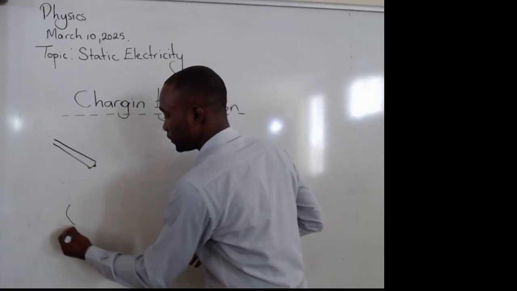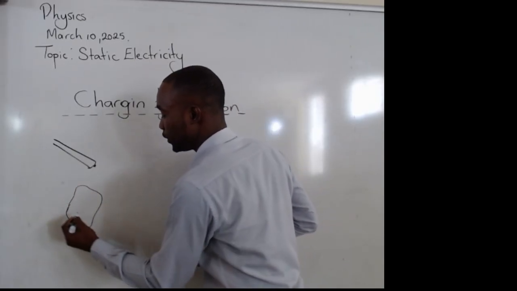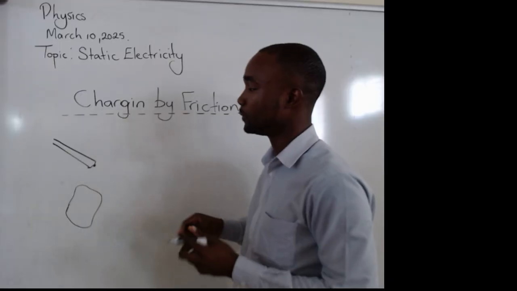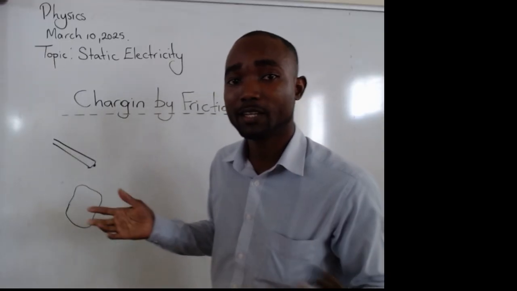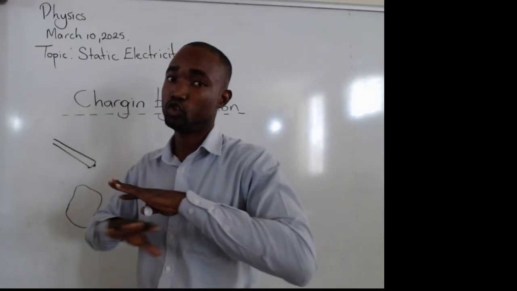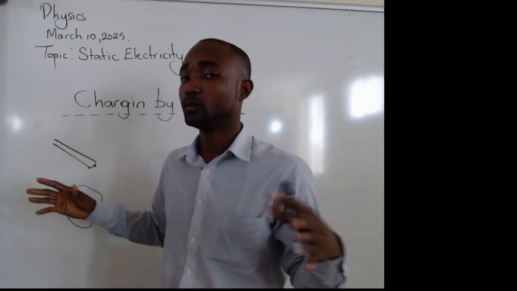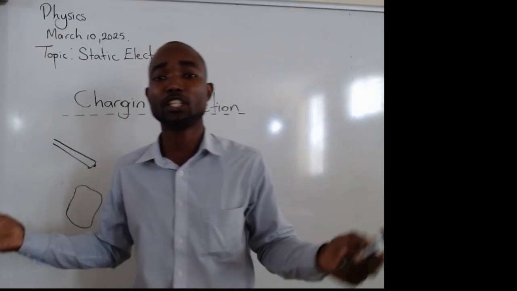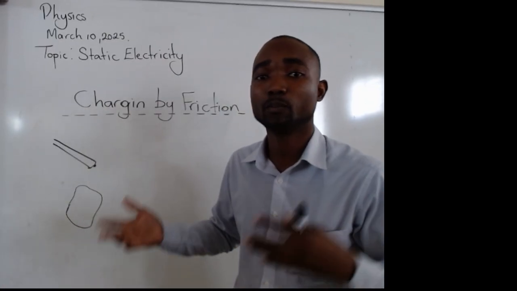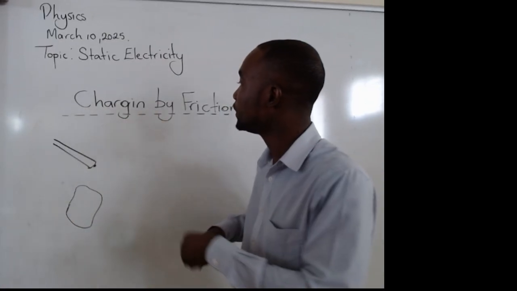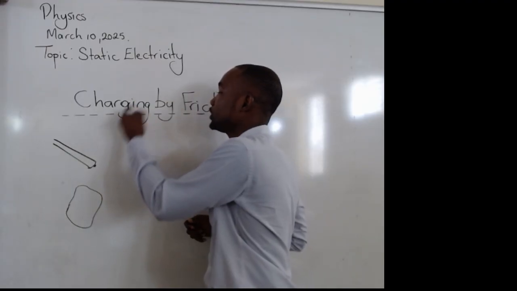And we'll look at, say, your uniform fabric, your school uniform fabric. Now, naturally, all materials in our environment are neutral. So things don't appear charged naturally in the environment. They have to become charged by some process. Now, the process we're looking at is charging by friction.